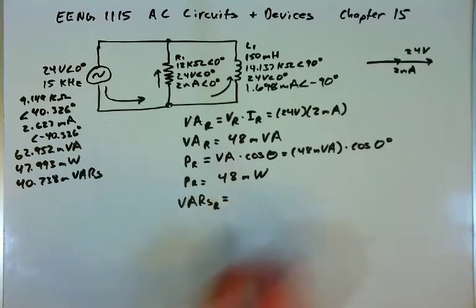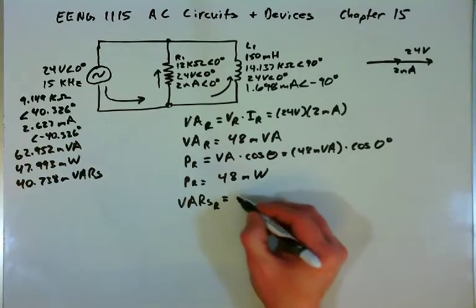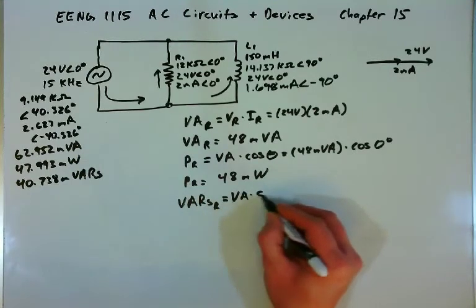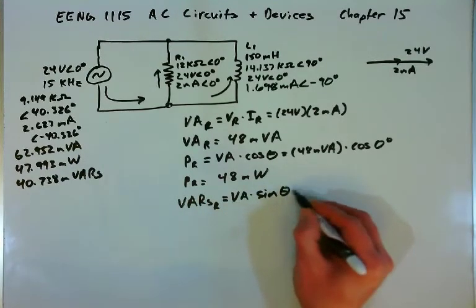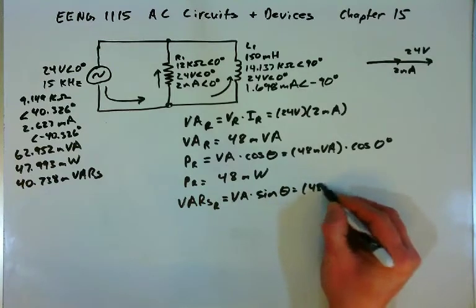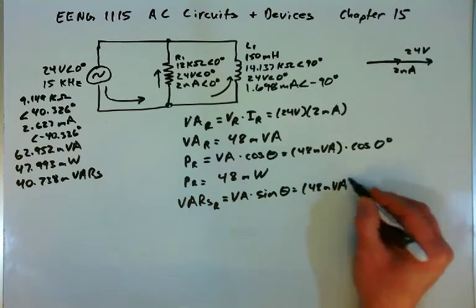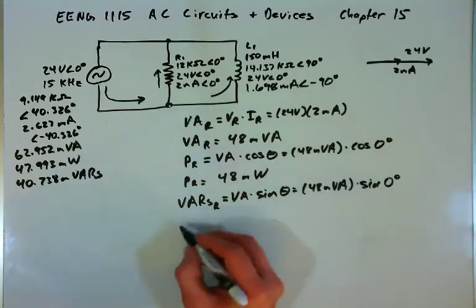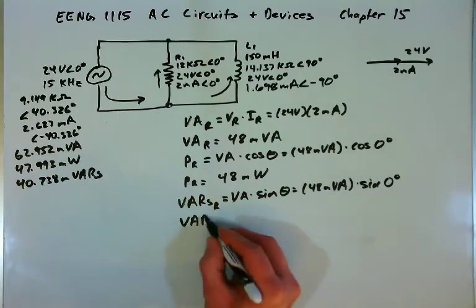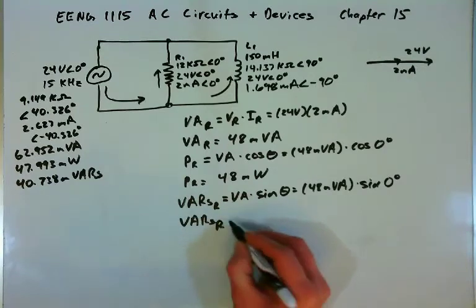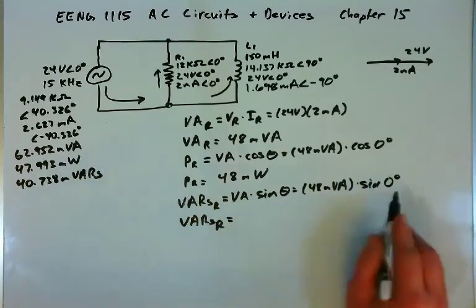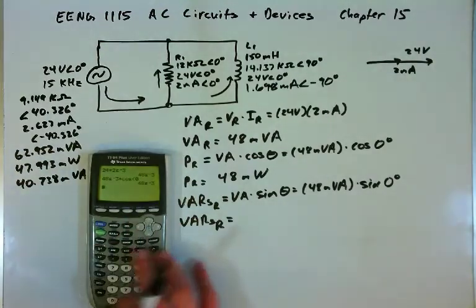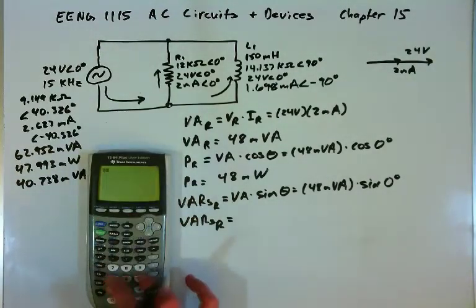And then we will find the volt amps reactive of the resistor. We'll take the volt amps, multiply by the sine of the angle. And so we have 48 millivolt amps times the sine of 0 degrees. The sine of 0 I know is 0, but I'll type it in anyway.